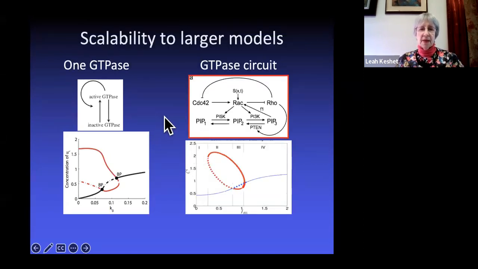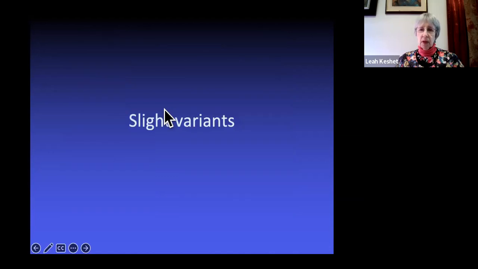The reason why that method is useful is it works equally well for the simple one GTPase model I've been talking about, and for the more elaborate circuits that one might be interested in. Okay, so much for the one single polarization model.